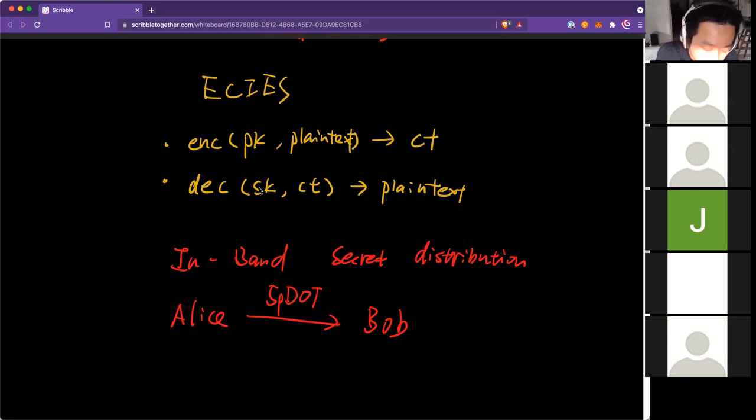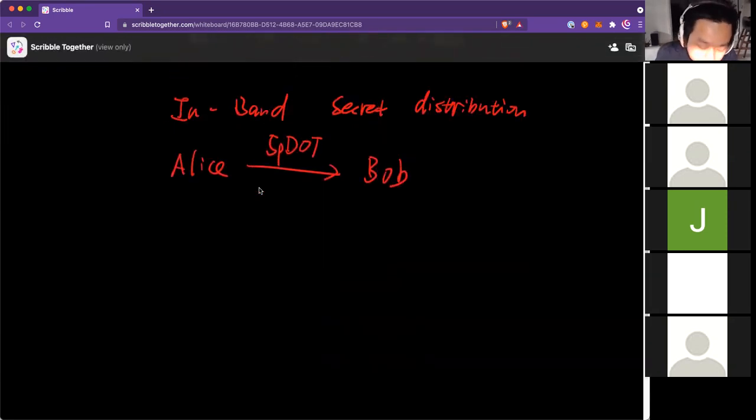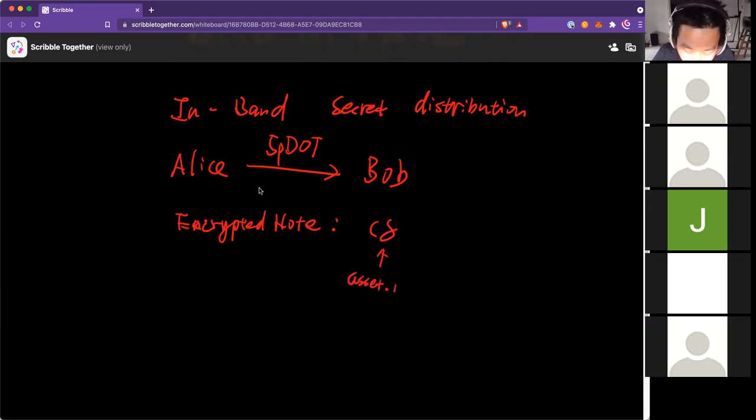So how Manta uses it is that we have an encrypted note field. Here we encrypt two things, this plain text: delta is the asset ID, and v is the amount.